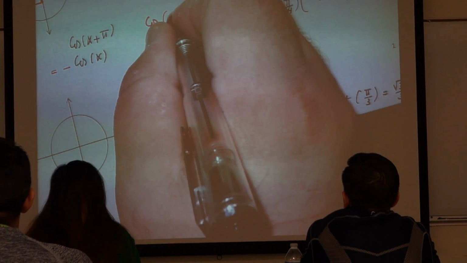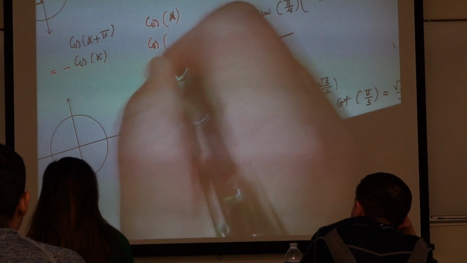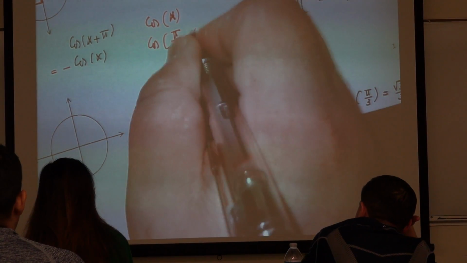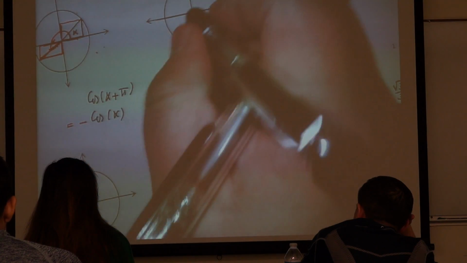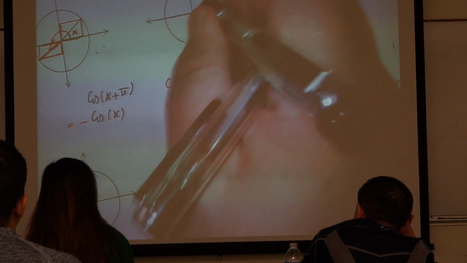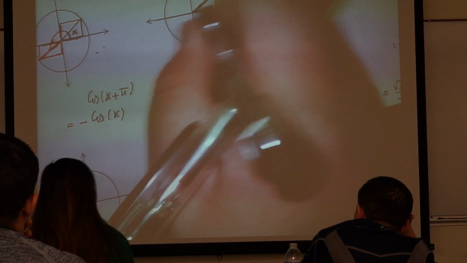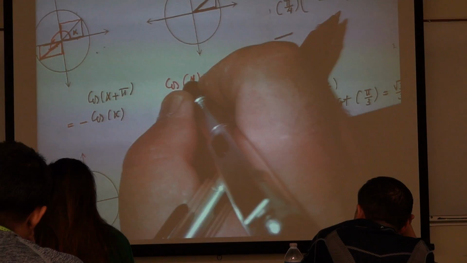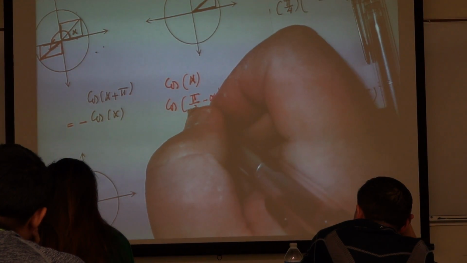So let's say somebody says, I want to do this: cosine of alpha and then cosine of pi over 2 minus alpha. Okay? Where are those? Well, let's say alpha is here, and that will be cosine of alpha. Where is pi over 2 minus alpha?